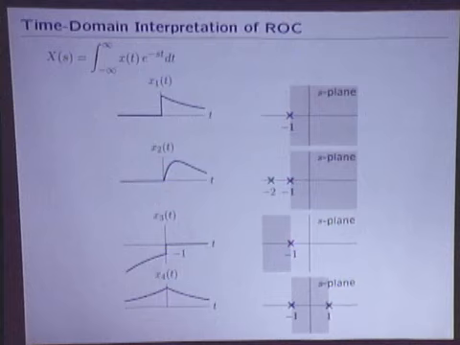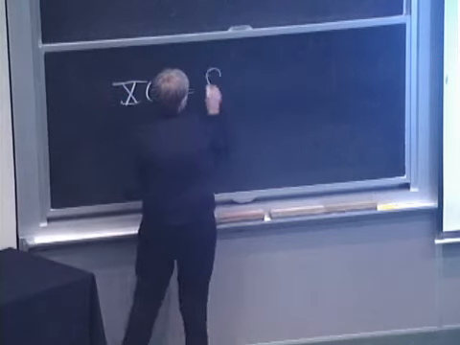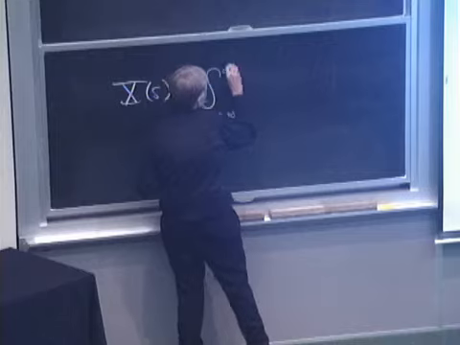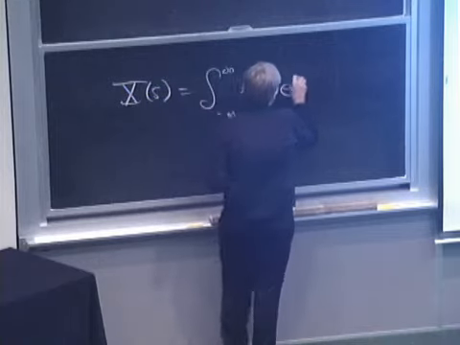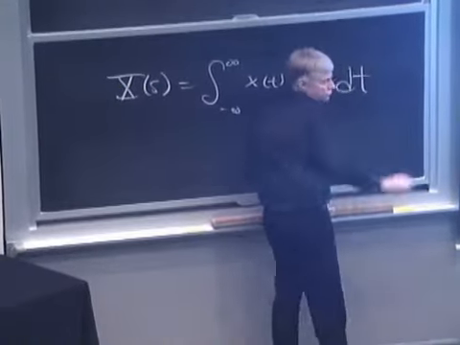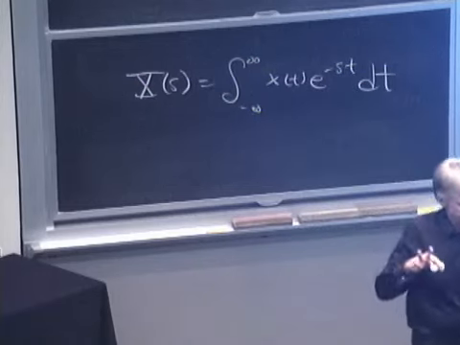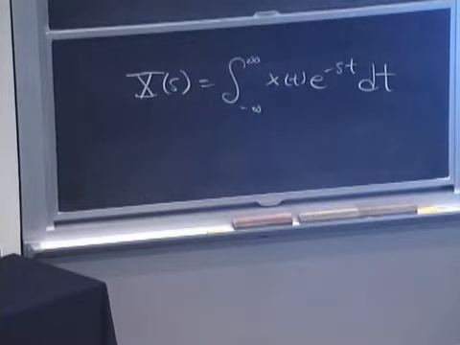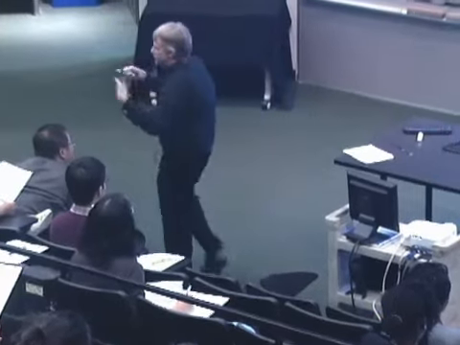And I want to think about the defining integral: x of s is the integral over all of time of x of t e to the minus st dt. What are we doing when we take a Laplace transform, and what are we doing when we specify a region of convergence? Because that can help you think about what the answer should be, which is helpful when you're trying to think about, does my answer make any sense, or what am I doing anyway?